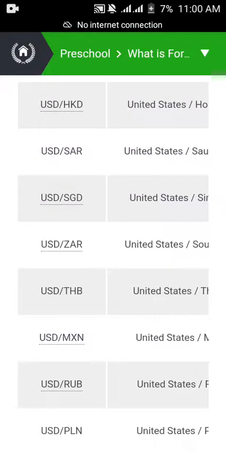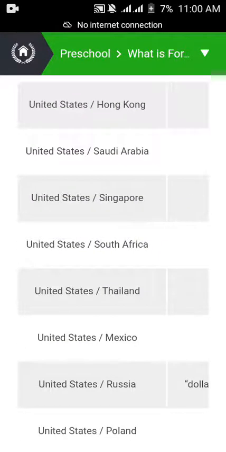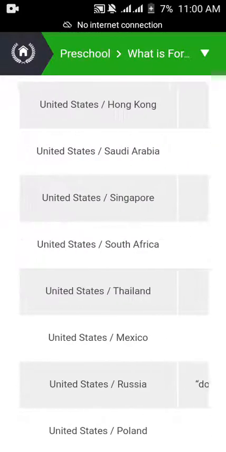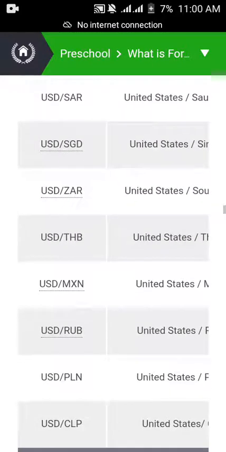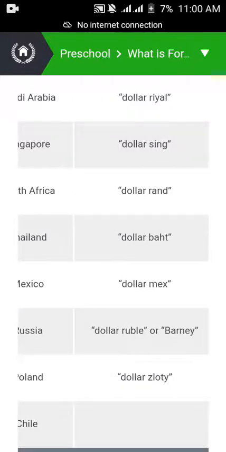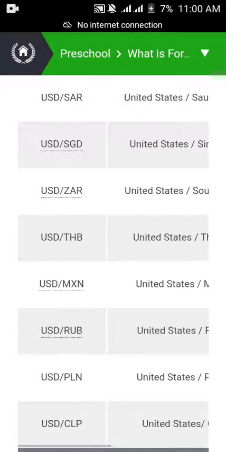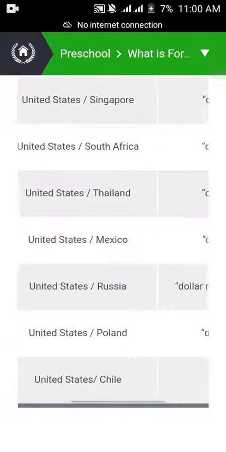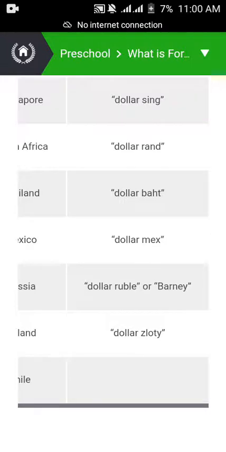Then the USD/SGD, which is United States and Singapore, which is dollar Sing. Then we have the USD/ZAR, which is United States and South Africa, which is dollar and rand. Then we have the USD/THB, United States and Thailand, dollar and baht.